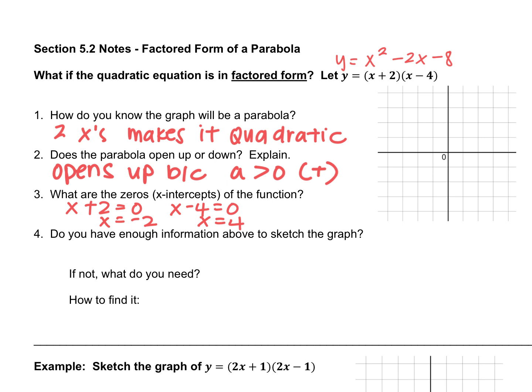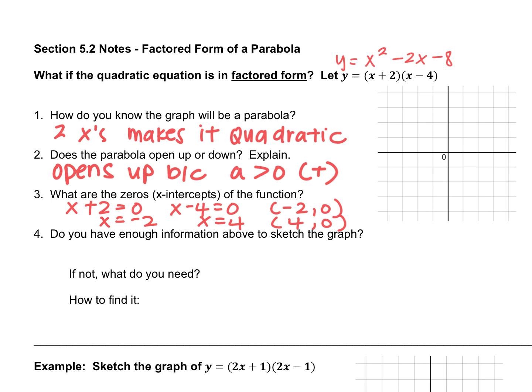And those are x-intercepts, which I like to write as points, and I would like you to write as points as well. Anytime it's asking for an x or a y-intercept, rather than just solving for x, go ahead and take that extra step to put it in coordinate points.